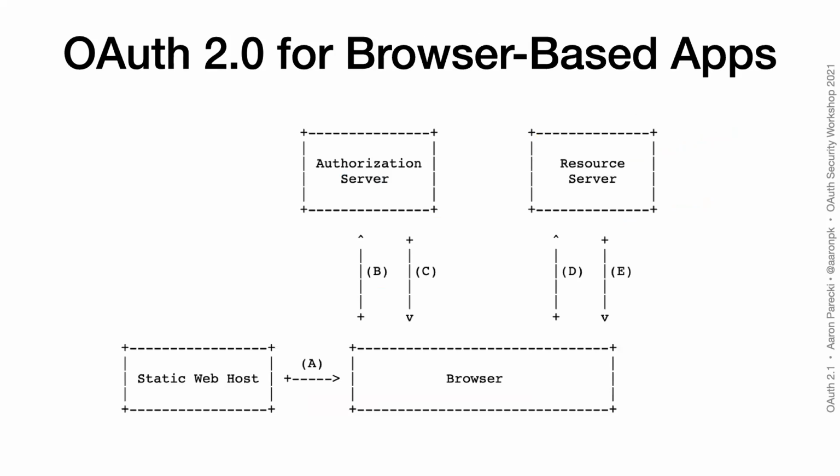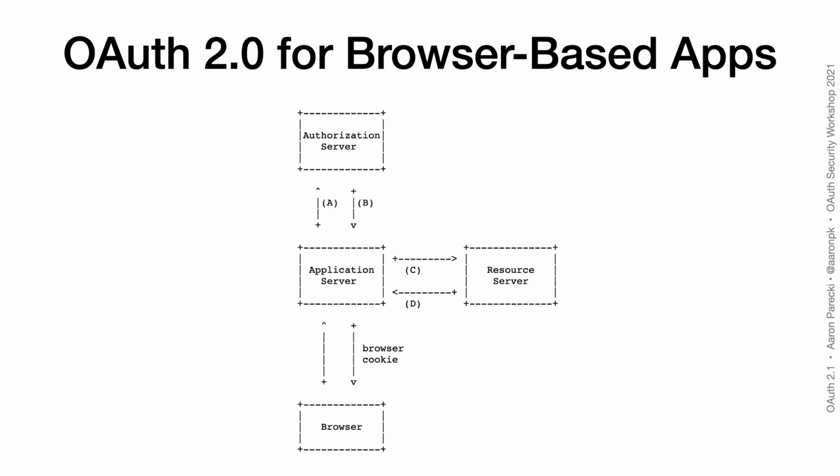It also goes over a couple of design patterns for using OAuth in a browser. The two main patterns being if the browser really is its own standalone client, where it is the one making requests directly to the authorization server using cross-origin, cross-domain requests and all that stuff, where the JavaScript is served from a static web host.